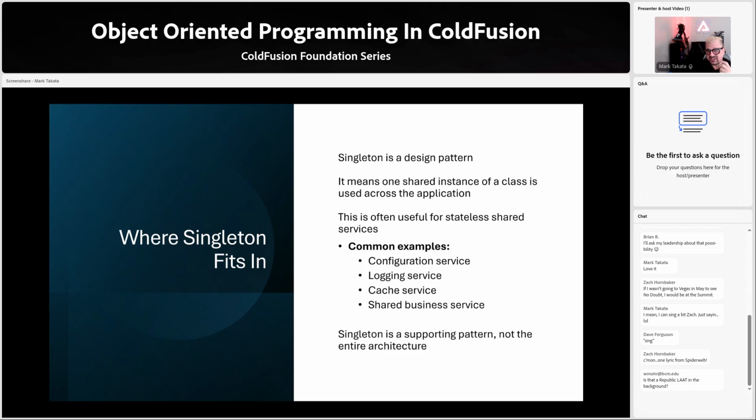It is a piece of your architecture. And you can have singletons that live inside of MVC, and you often will. This is just a different object-oriented, adjacent design pattern. But it's never going to be the entire architecture of your site, unless your site is literally one tiny service that does almost nothing, right? And that's not really an application.